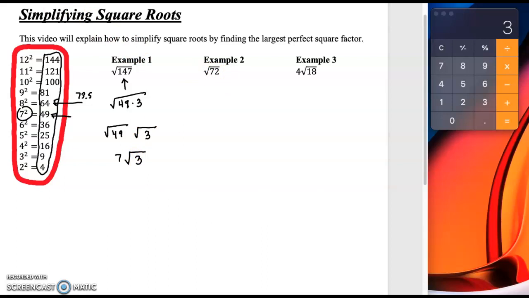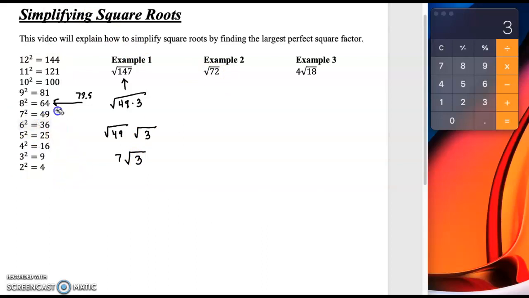So this time, let me get rid of all this stuff here. 72, if we come over here and divide 72 in half, it's going to come out at 36. So 36 is the biggest number we're going to start with, and actually it goes into 72 perfectly, because if we do 72 divided by 36, it goes into it twice.